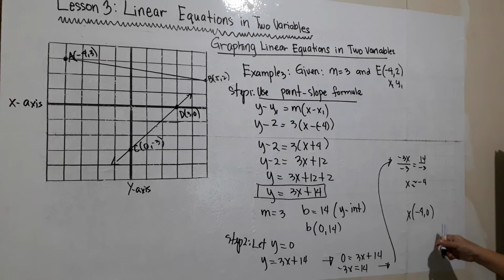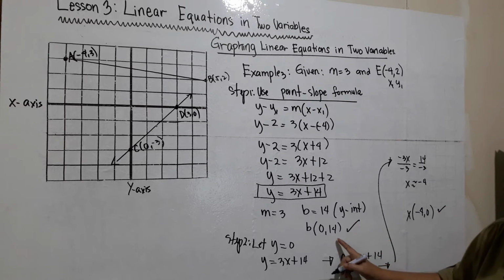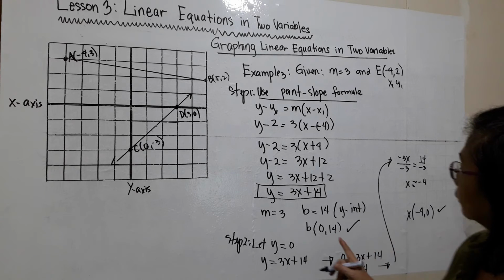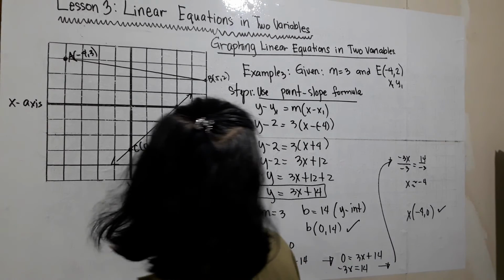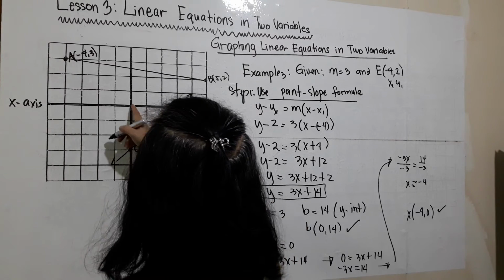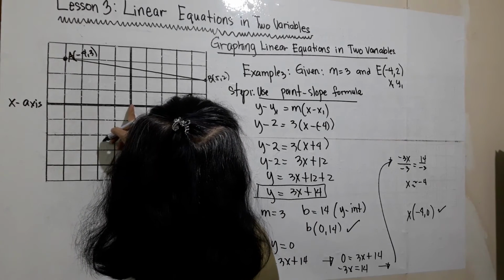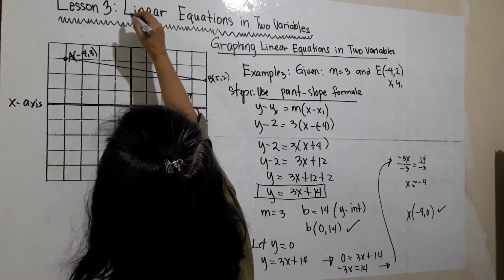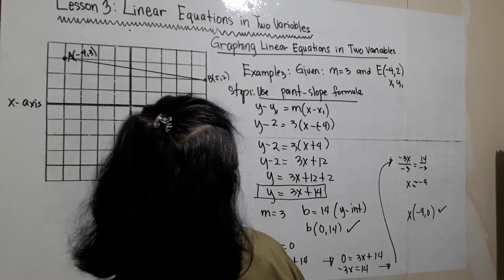So let's plot this one. This point and this point. But we have too big a y, so let's approximate: x is 0 and y is 14, so somewhere there.